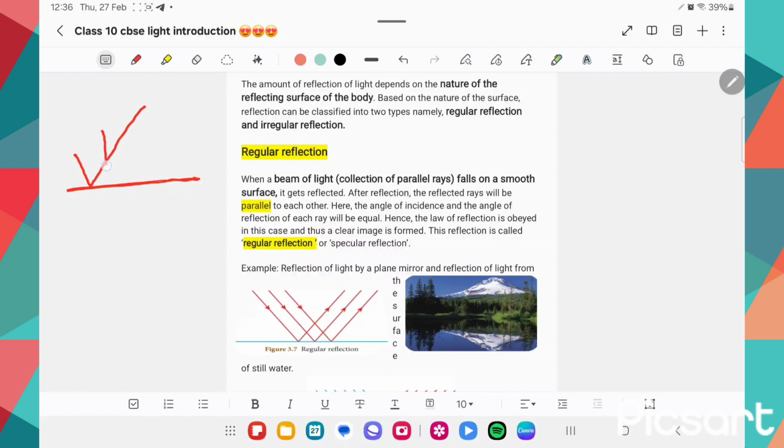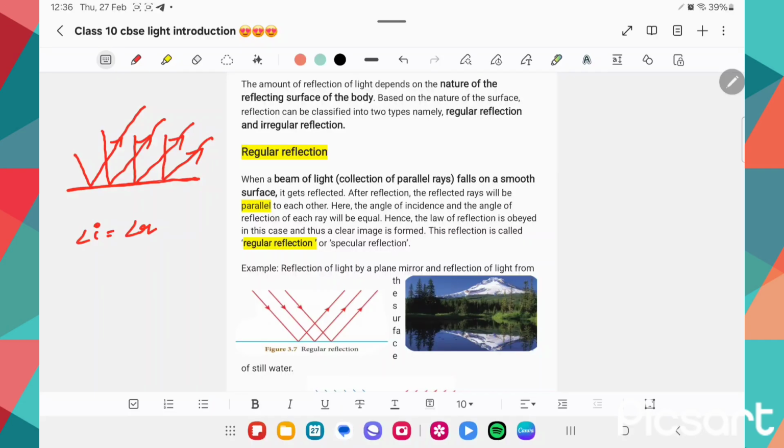Can you see this? The rays which are bouncing back will come in parallel. The angle of incidence and the angle of reflection will be equal here. That is the condition: the angle of incidence and the angle of reflection will be equal.